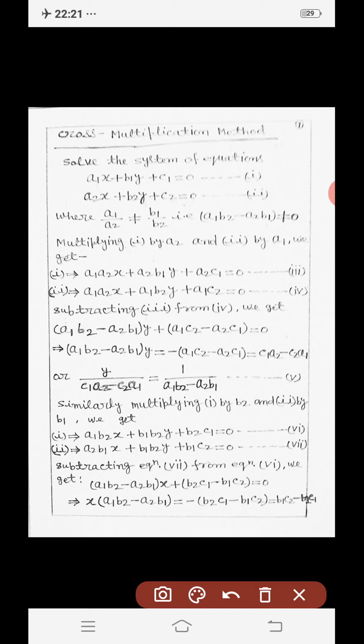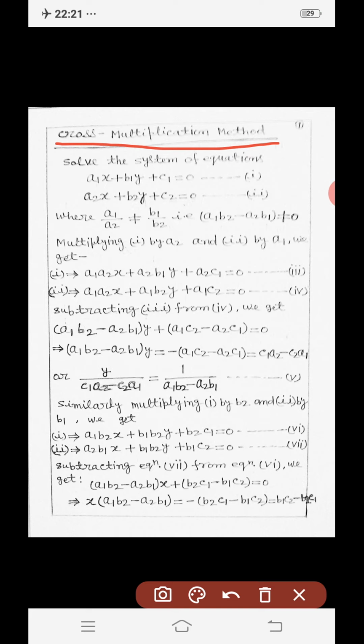Today I am going to discuss the cross multiplication method. Dear students, we have learned how to solve a pair of linear equations in two variables by graphical, substitution and elimination methods.